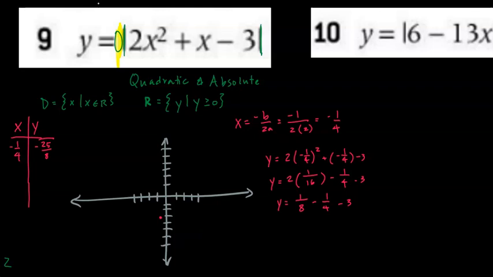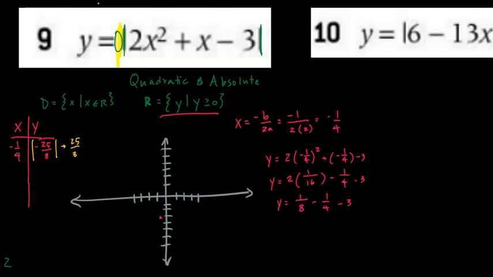Now notice that that vertex is below our range, and that's because we didn't put the absolute value sign on it. But if I put the absolute value sign on it, this turns into a 25/8.